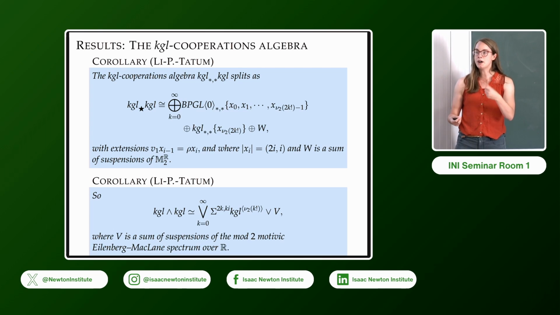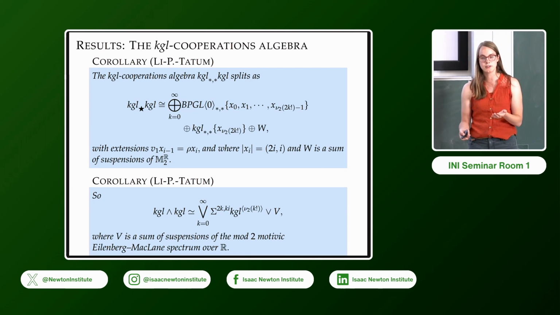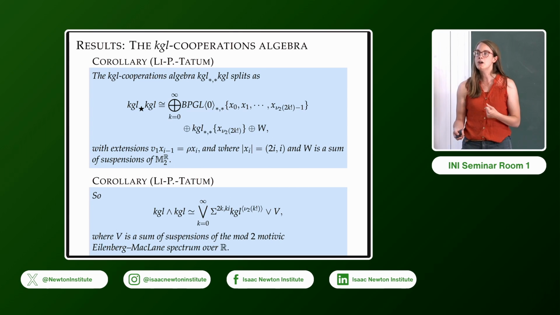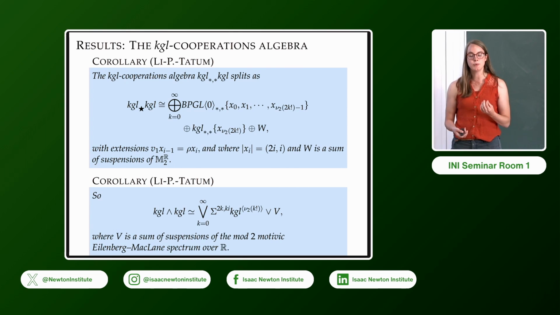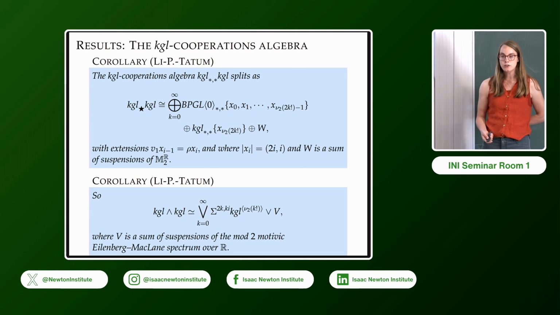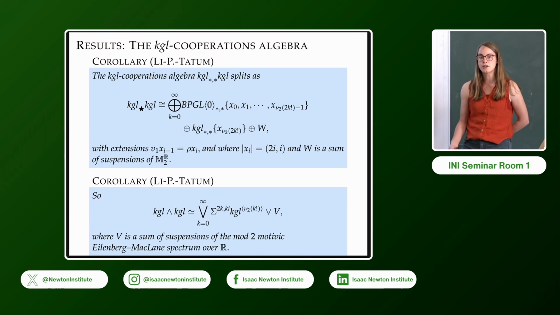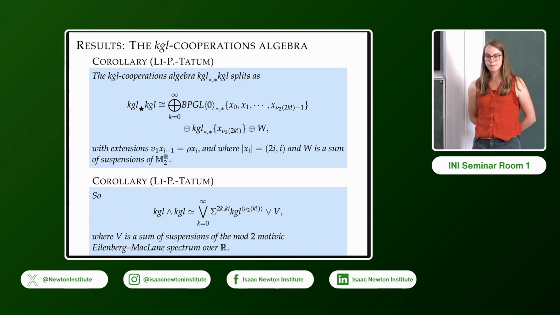And so because the positive cone summand computation really is separate from the negative cone summand computation, one also gets the analogous motivic result with the KGL cooperations algebra, and also a splitting of KGL smash KGL in terms of Adams covers as well.